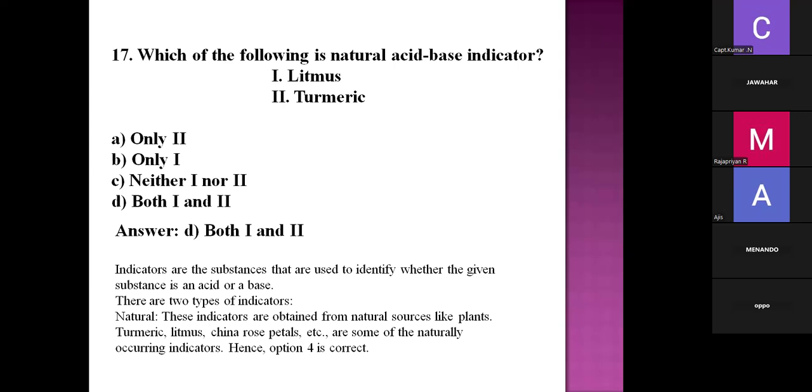Hibiscus flower: pink in acidic solution, yellow in basic solution. China rose: dark pink in acidic solution, green in basic solution.